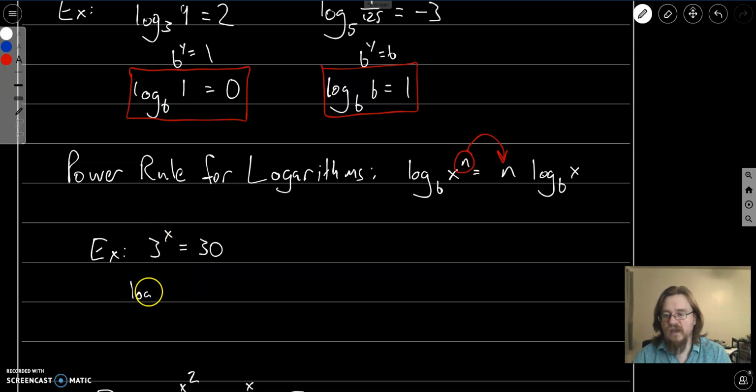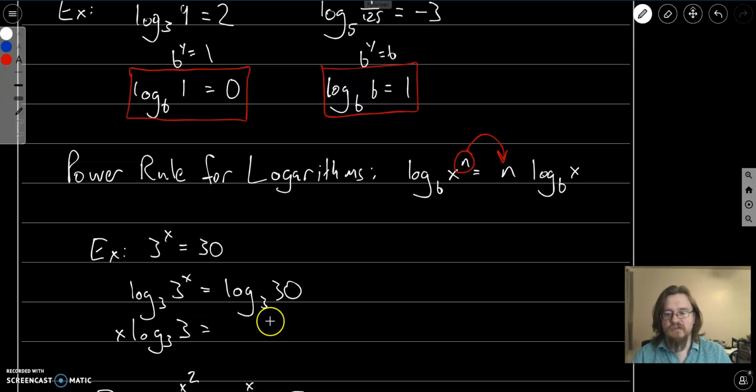So if I take log base 3 of 3 to the x power, and I do this to both sides, now I get to use my power rule, and I get to bring this x down. So again, anything in this exponent gets to come down front. So x times log base 3 of 3 is going to be equal to log base 3 of 30.